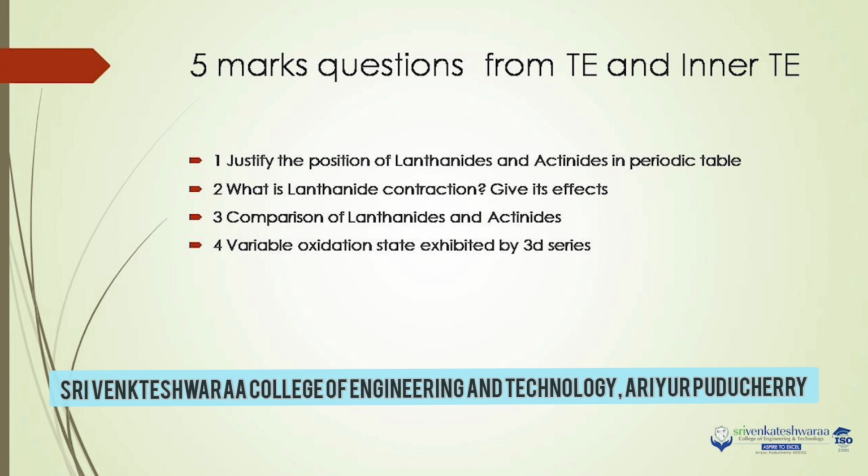Naming of complexes, you go for that one. For example, K4[Fe(CN)6]. In the case of K4[Fe(CN)6], first you name what type of complex it is. It is an anionic complex.